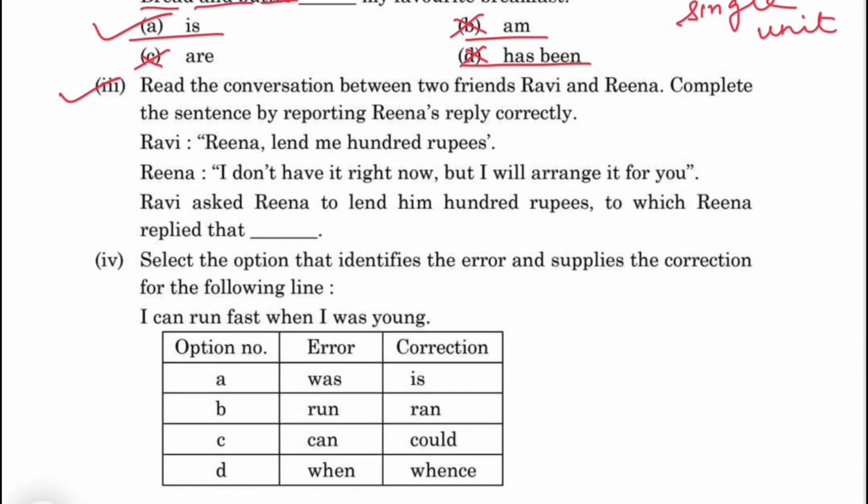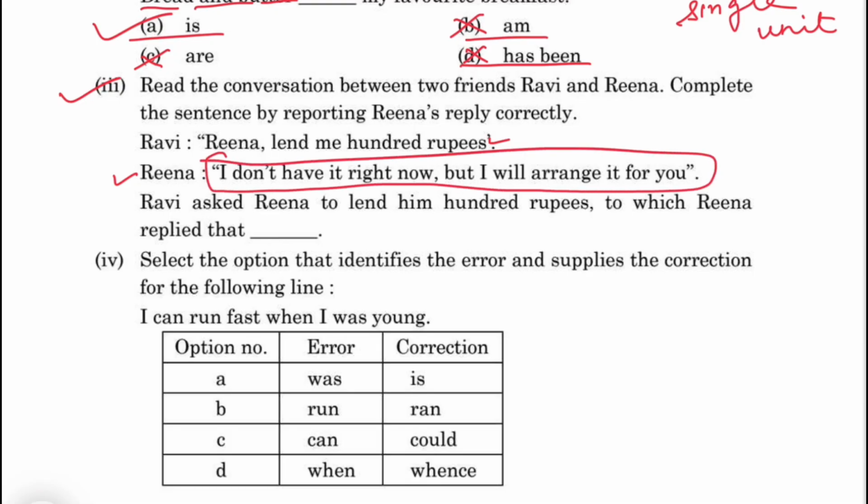Next question is of reported speech. We are to complete the sentence. First of all, let's see. Ravi asked Reena to lend him 100 rupees. This part is done. To which Reena replied, so we are to change this part. I don't have it right now. Replied that. I change according to Reena, she. Do not change into did not. She did not have.